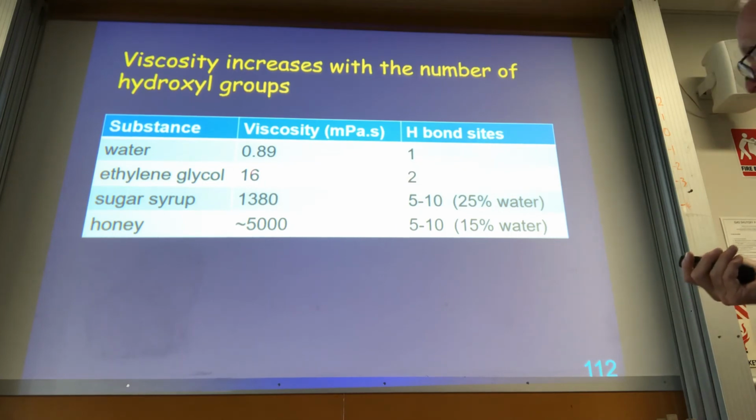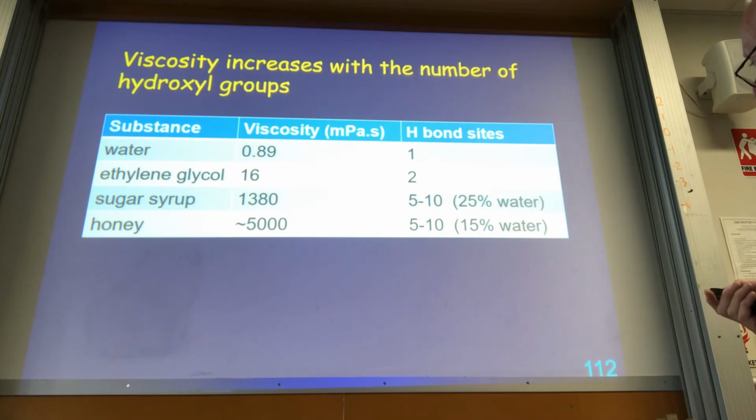Ethylene glycol, which has got 2 carbons and 2 hydroxyl groups, so 2 hydrogen bonding sites, straight away the viscosity increases enormously. Sugar syrup, depending on what sort of sugar it is, has between 5 and 10 hydrogen bonding sites, viscosity of almost 1400.